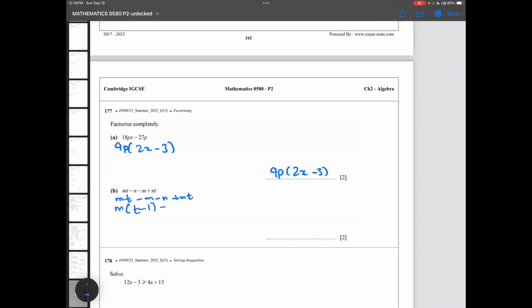I'm going to take the common minus n in the third and fourth term. So from the third term, when I take the minus 1 common, I'm left with 1. And whenever we take the negative common from the positive term, it changes into negative. So n is the common, I'm left with t over here.